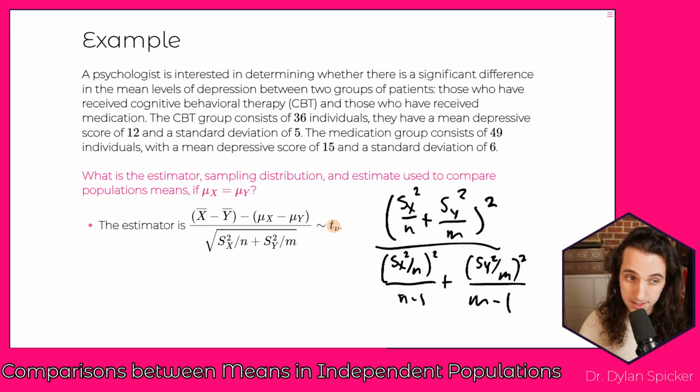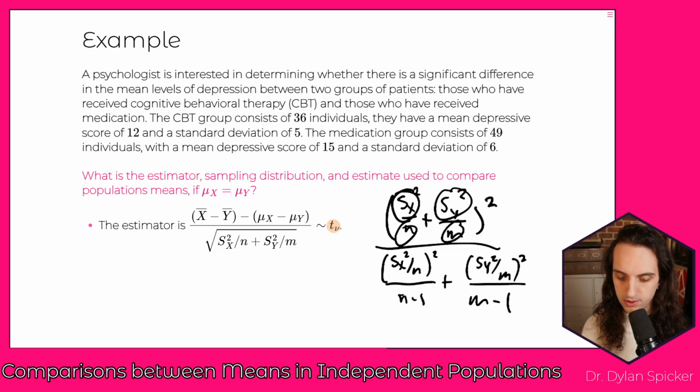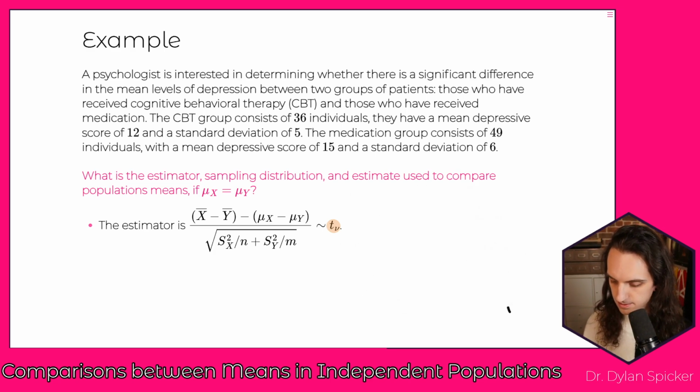So we have this formula. Again, there's a lot of terms in it, but really what we just need to do is plug in our values for s of x, our n, s of y, and our m, and then work through what that actually happens to be.